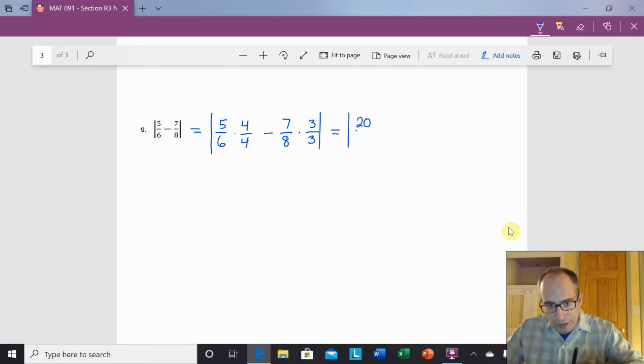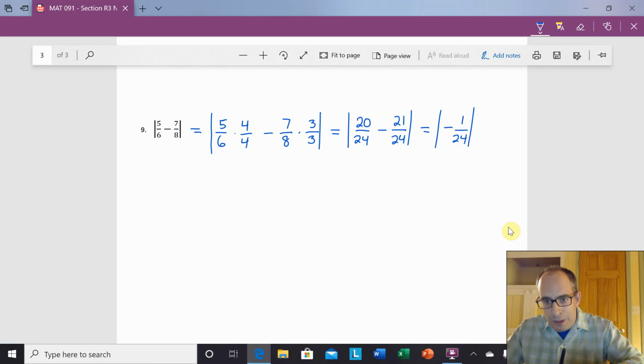So we have 20 over 24, and then 7 times 3 is 21, so minus 21 over 24. So that's going to be the absolute value of the negation of 1/24. But then the absolute value of negative 1/24 is just going to be 1 over 24.